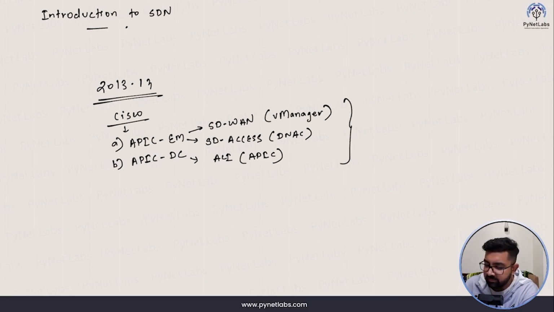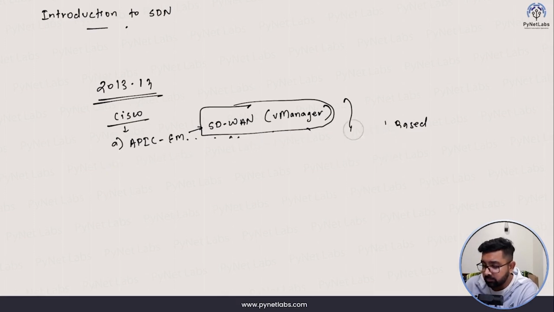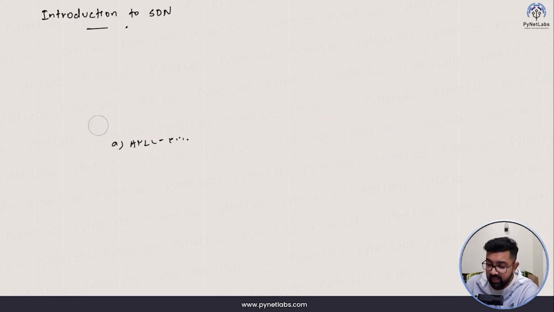So all of these solutions are SDN based solutions which are becoming very popular nowadays in the industry, out of which we're going to talk about SD-WAN. But before getting to that, let's first talk about SDN. Like I said, SDN has a very long history, and it's been in the market, and now it's become very popular.